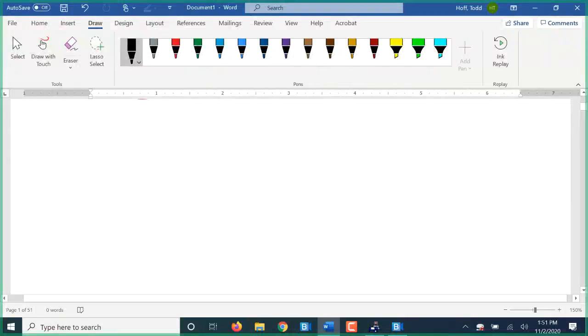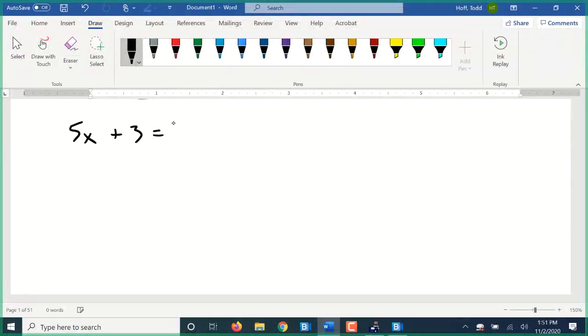This one looks very similar. Well, with one very significant difference. We find our equal sign right there.